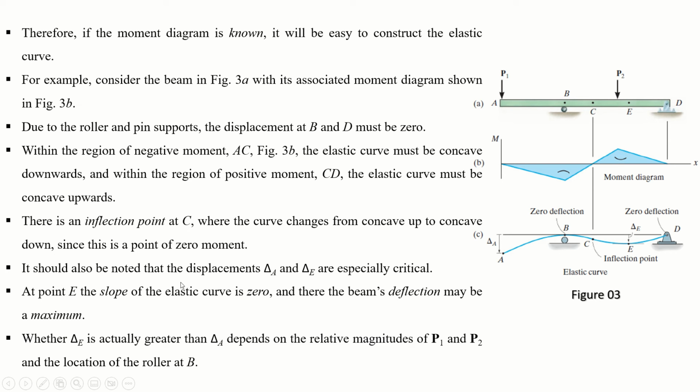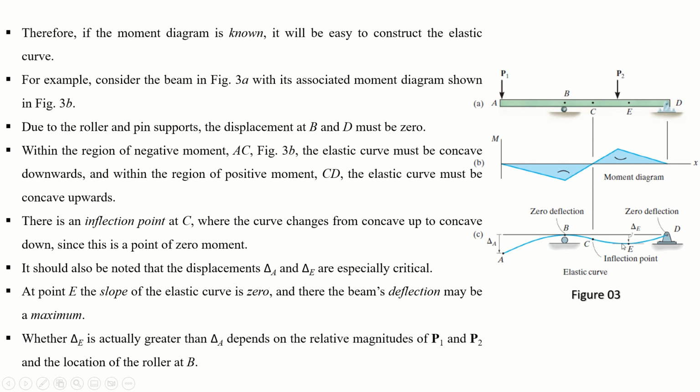It should be noted that the displacements delta A and delta E are especially critical. The deflection of point A and point E are very critical and need to be found. At point E, the slope of the elastic curve is 0, and there the beam's deflection may be a maximum, right?